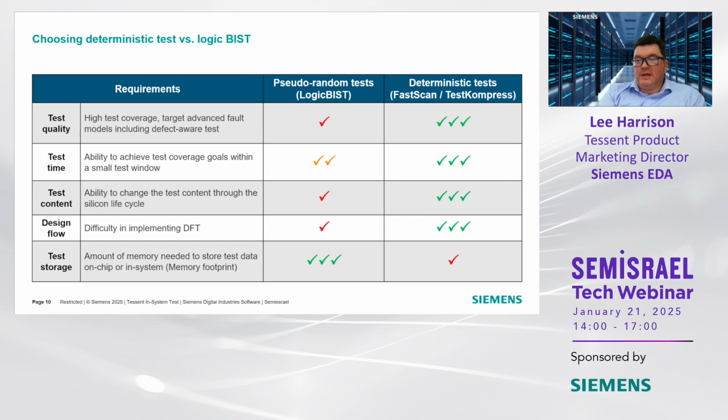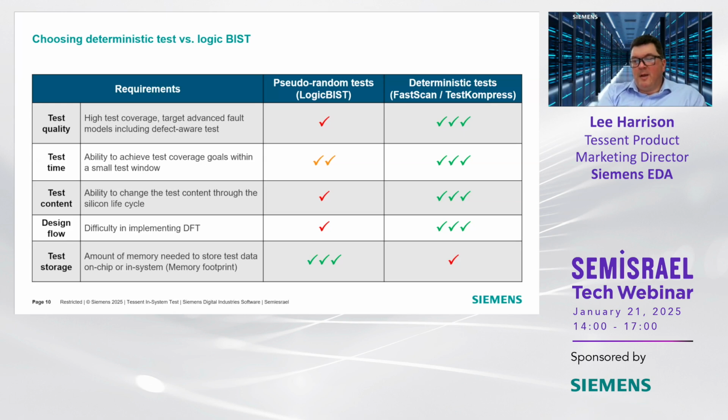In terms of implementation, in most cases, if we're implementing in-system deterministic test, then we would be reusing exactly the same DFT infrastructure as we would be using for manufacturing test. This isn't always the case for logic BIST. Logic BIST has some additional requirements in terms of X bounding and making sure the design is partitioned correctly to achieve a good logic BIST implementation.